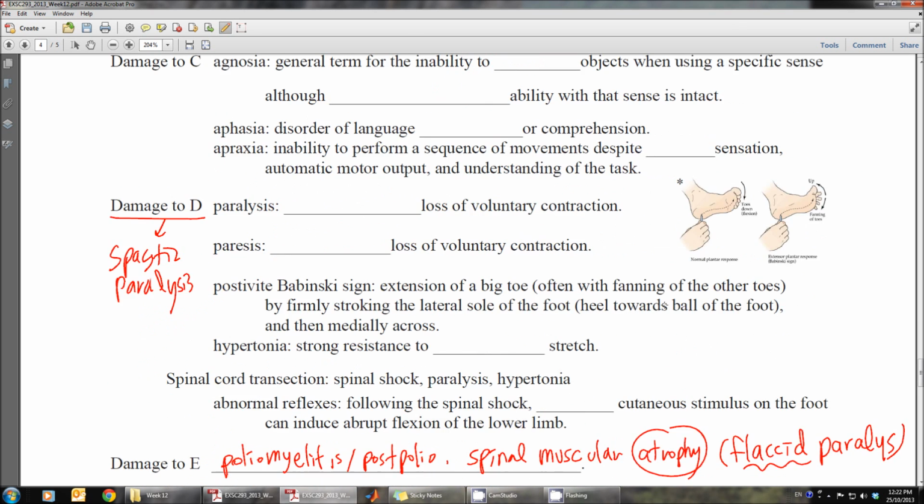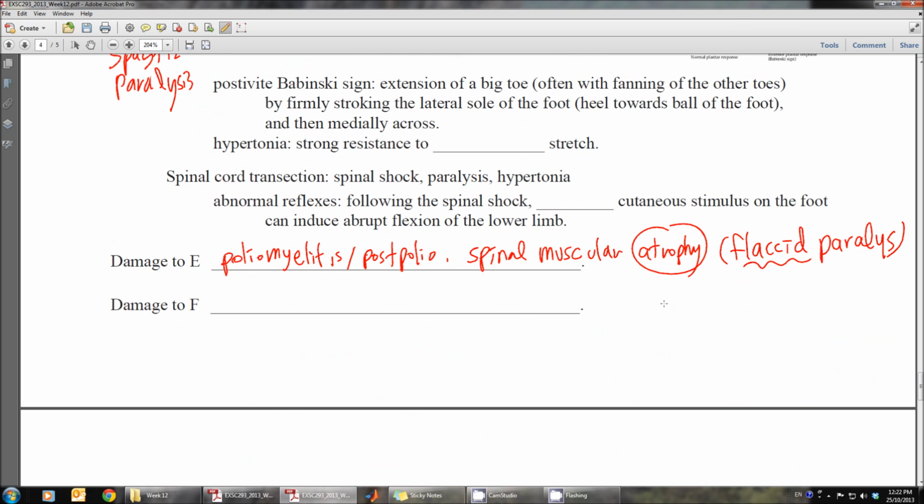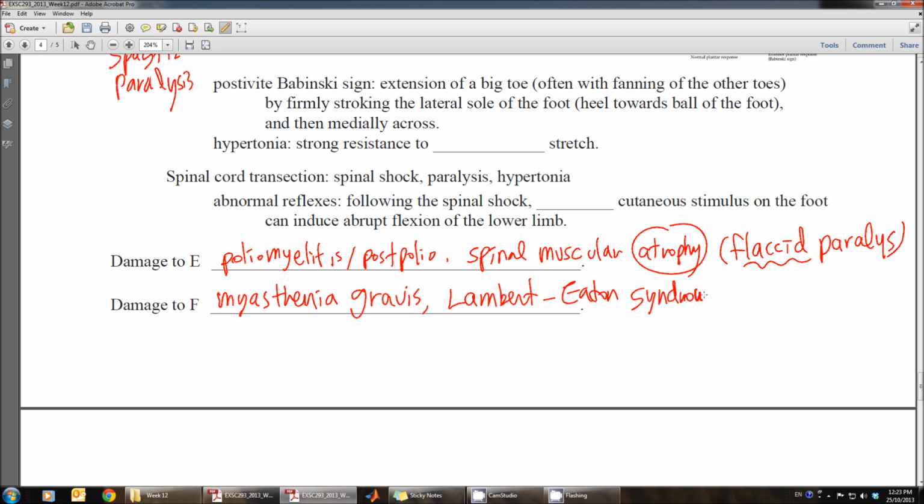The movement disorders that covered diseases in the neuromuscular junction were myasthenia gravis, Lambert-Eaton myasthenic syndrome, and botulism.